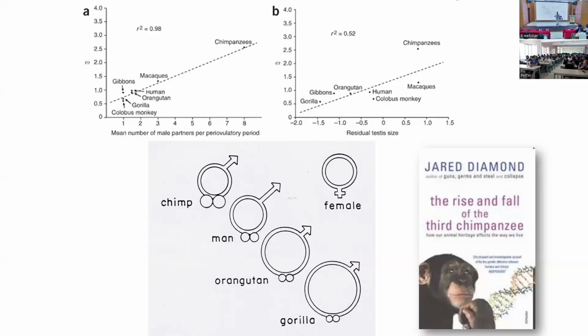So have a look at where the humans are, a little bit closer to the chimpanzee and quite far from the gorilla. It means that the design of the human testis is to compete quite a lot with other males for success in reproduction.